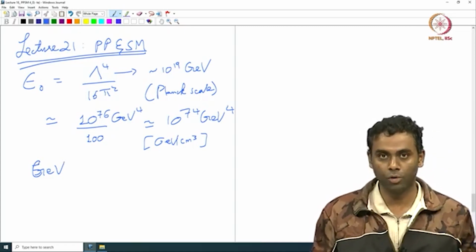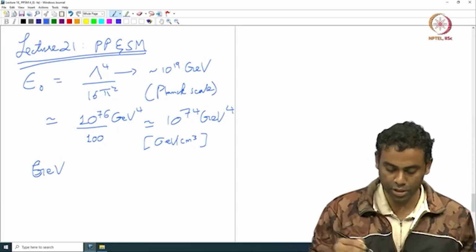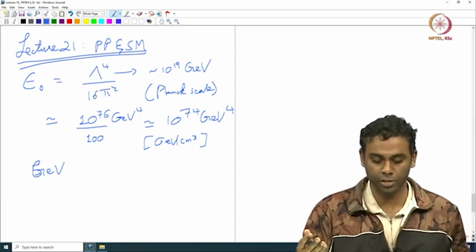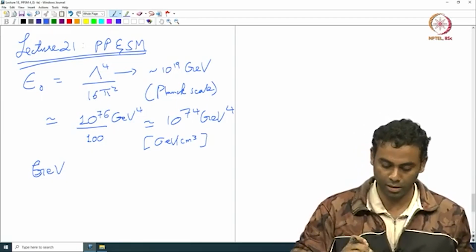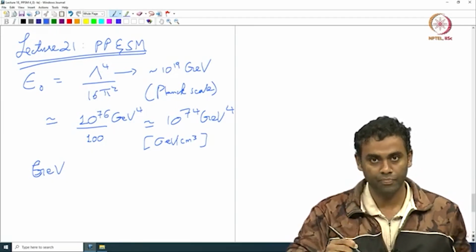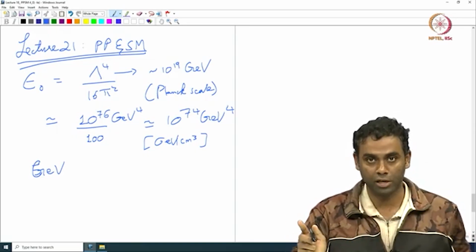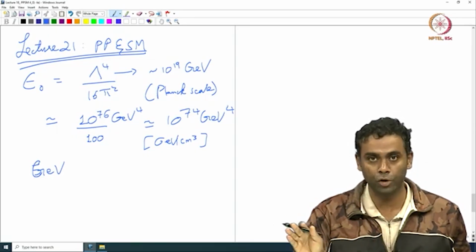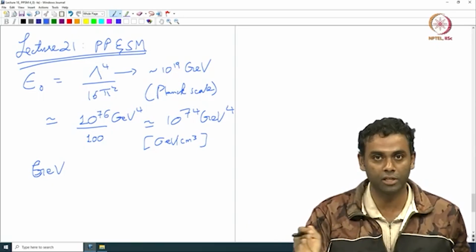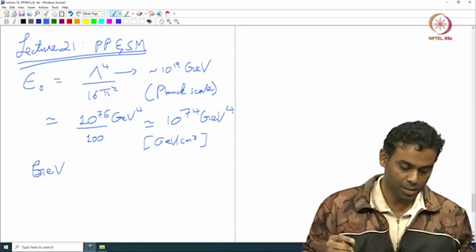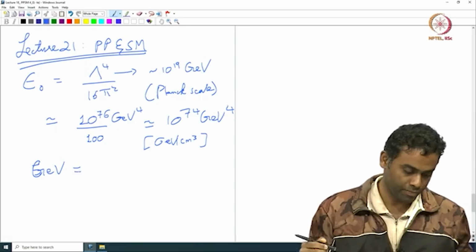Okay, so now you already know how to do this using Heisenberg's uncertainty principle, etc. By setting h bar equal to 1 and c equal to 1, you can get all these conversion factors. Every unit that we know of you can always write in terms of GeV and inverse GeV and so on.